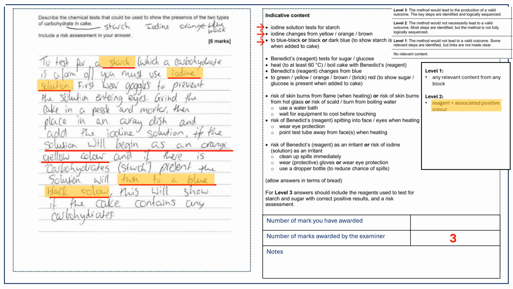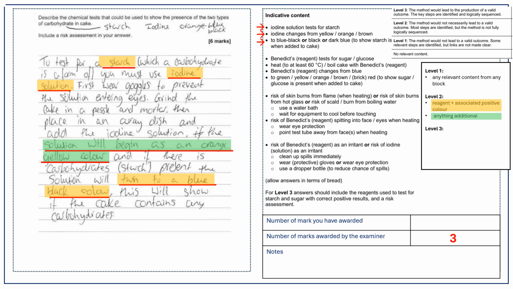Our student response here, we can see that that student has done that correctly for their starch test. But they also need something additional in their answer to gain level 2. This student, because they have given the starting colour of iodine solution, have managed to access that level 2 bracket.